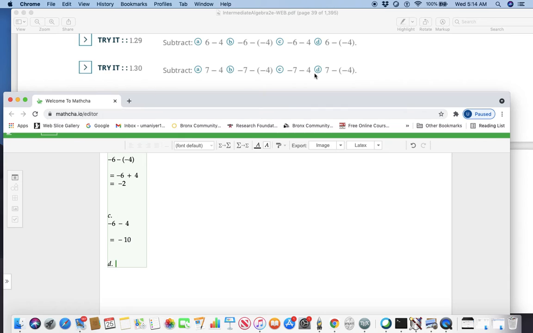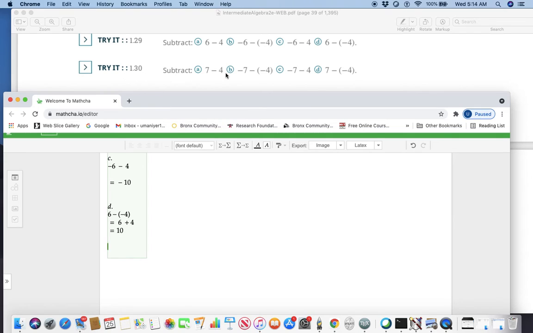Next, 6 minus negative 4. What happens here? Well, by now you know negative followed by negative is a positive. So 6 plus 4. 6 plus 4 is a 10.